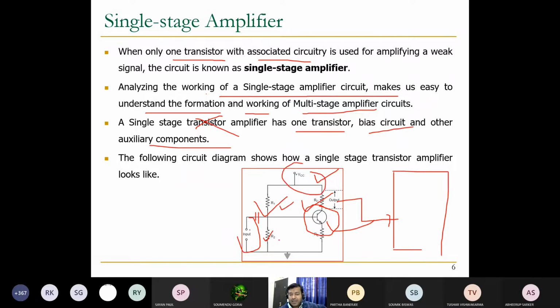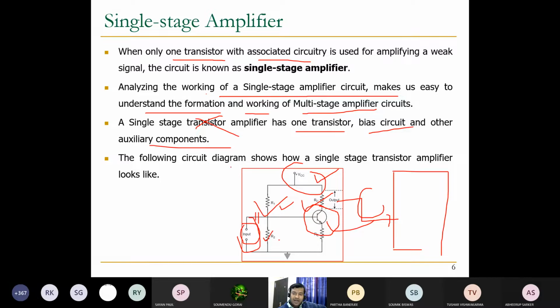We apply an AC signal as input and get an AC signal as output, and that AC signal goes to the next stage as input. You have already studied the basic principles of amplifiers, biasing circuits, BJT and FET, so there is no need to explain all these things again.